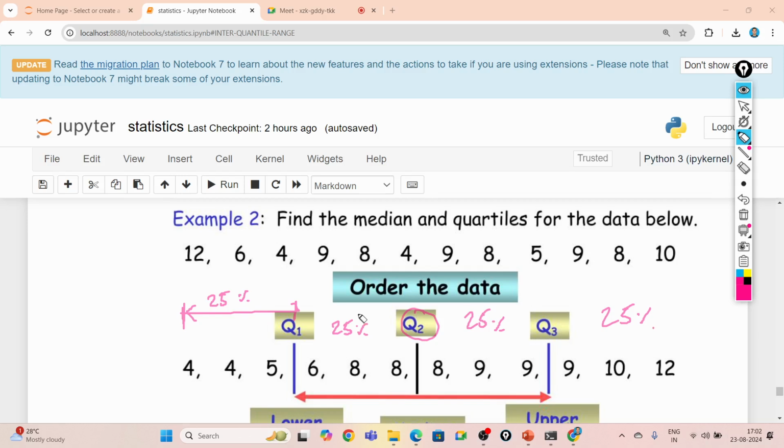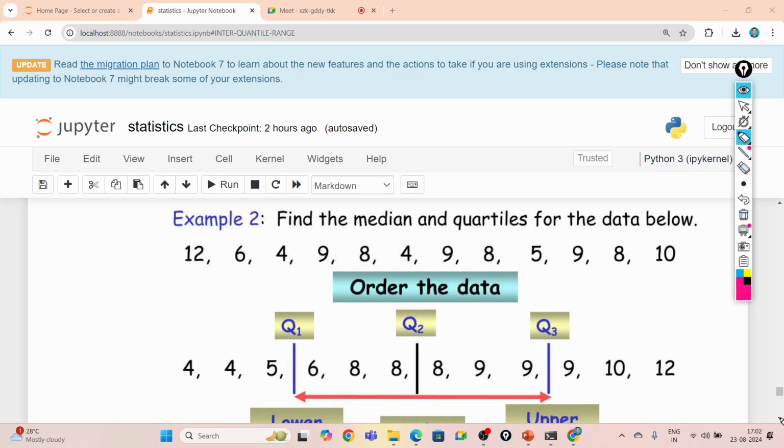And we have to calculate Q3 and Q1. But what happened here? This is the middle value, as we have an even number of elements. So Q1 is 6 plus 5 divided by 2, and Q3 is 9 plus 9 divided by 2. If you subtract those, we get our actual value.